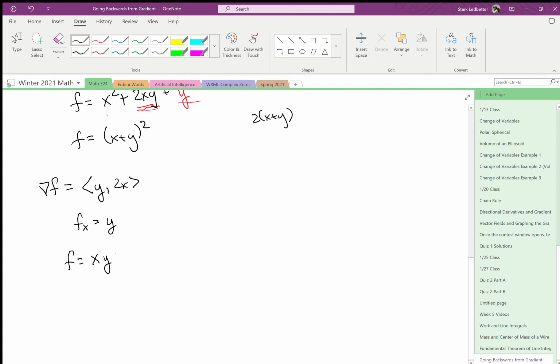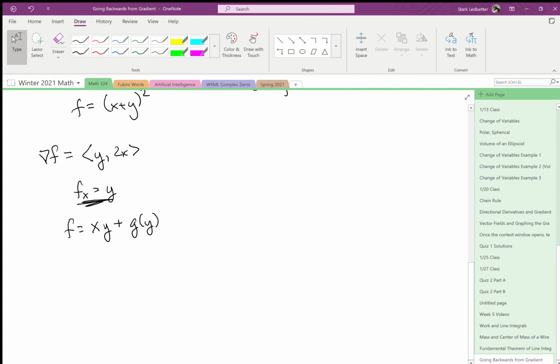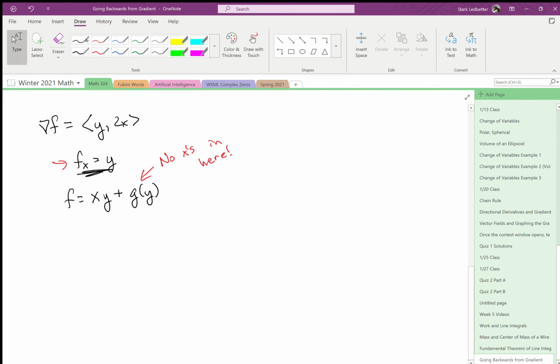And then for my partial derivative with respect to x to be exactly y, I'm going to have to add a function g that only depends on y. There's got to be no x's in here.